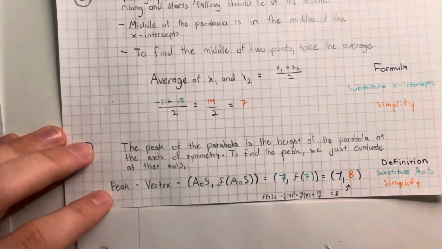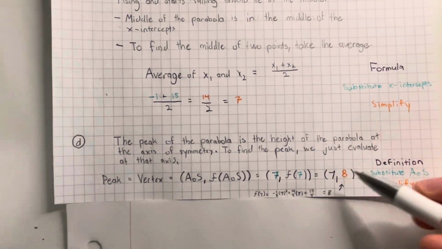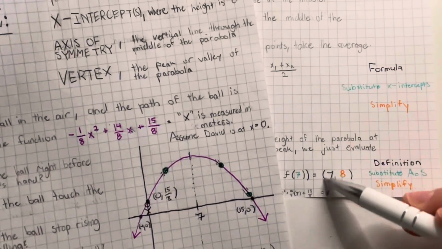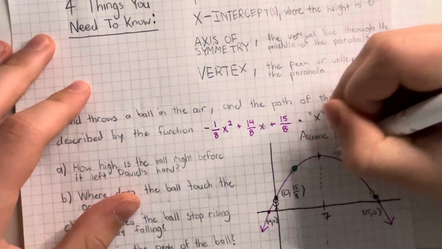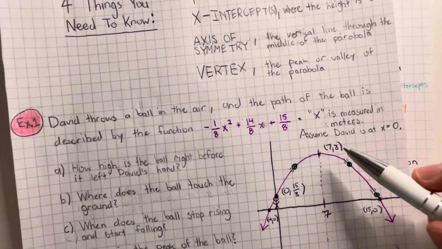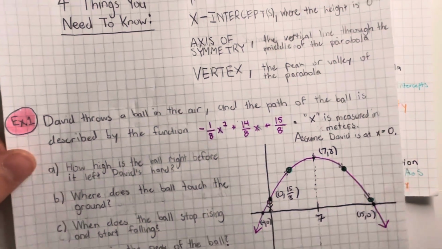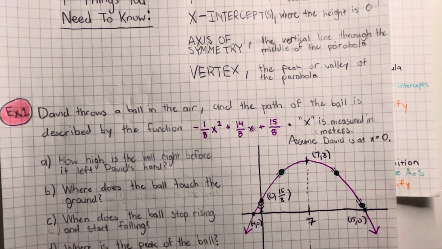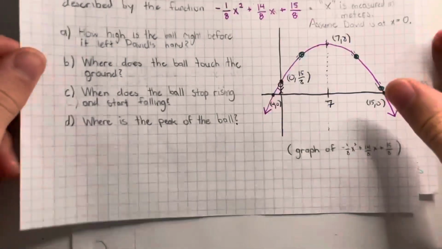Here's if you want to work it out yourself. Since the coordinate of the vertex is 7, 8, we can write that down here. And we know that the highest the ball went after David threw it was 8 meters in the air, or 24 feet.